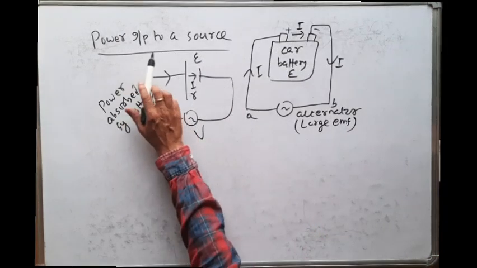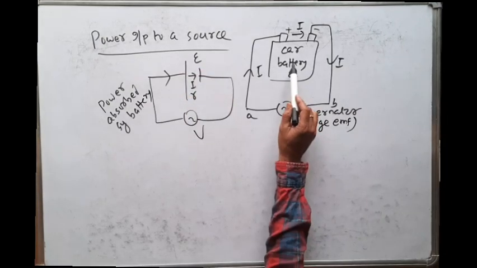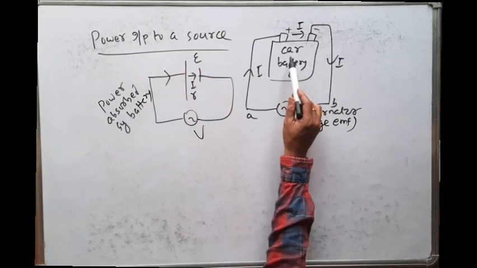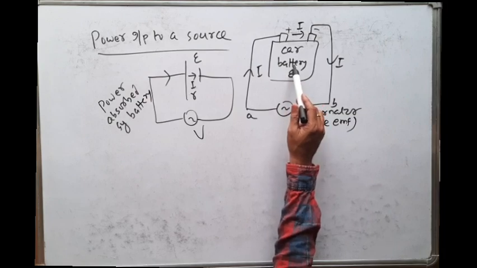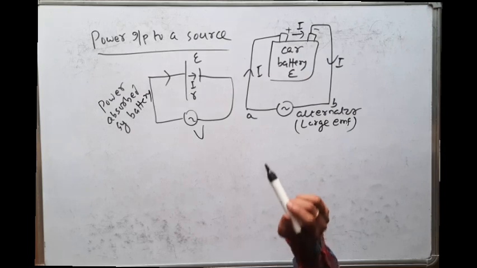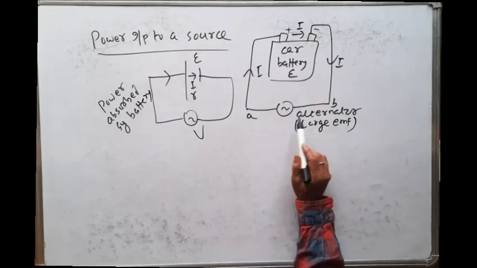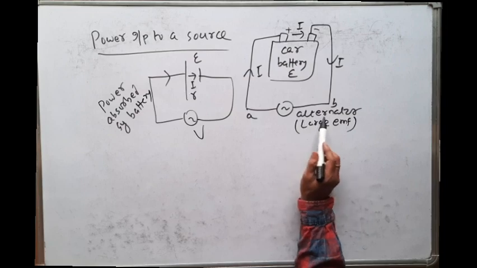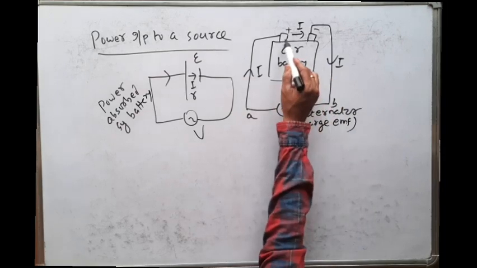See, power input to a source. Suppose this is your car battery. It is being charged. In the car there is an alternator, a voltage generator, connected to the terminals of the battery.